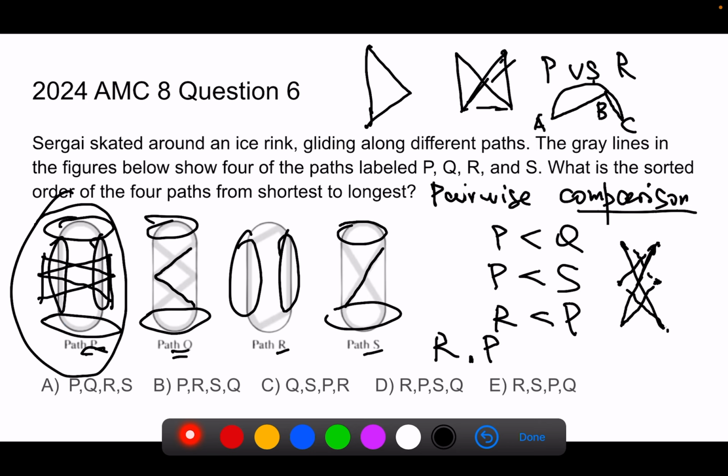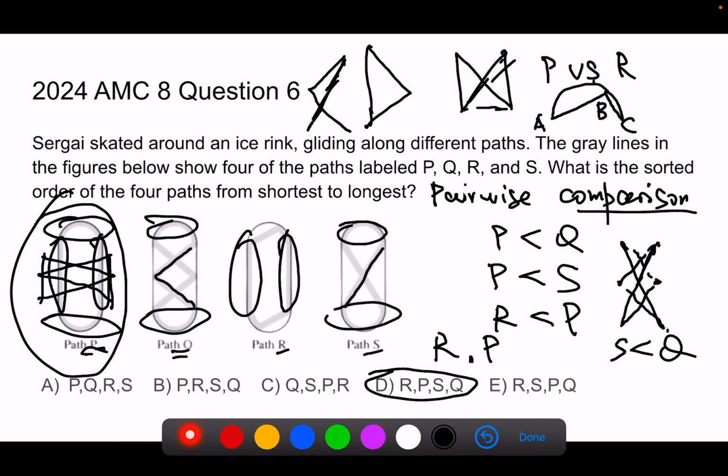If you take half of that, you can see one is like this, and the other one is just a straight line. And for this one, you can find that S is shorter than Q. So that confirms the answer is D.